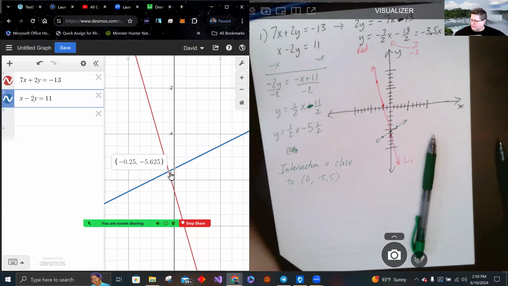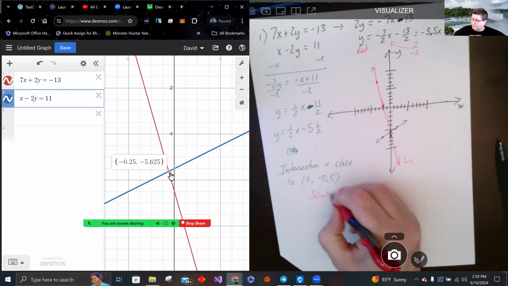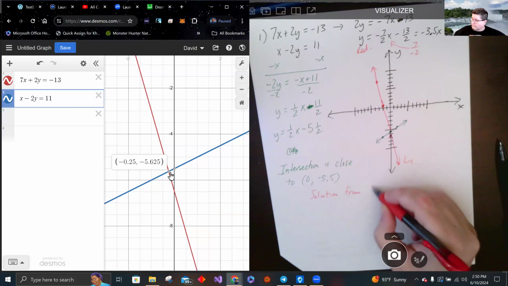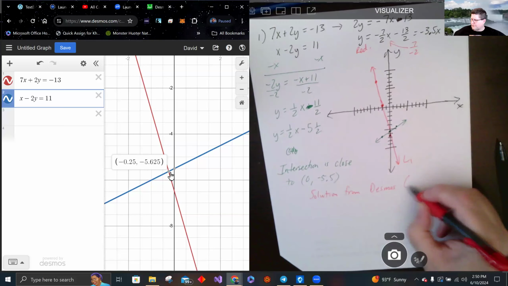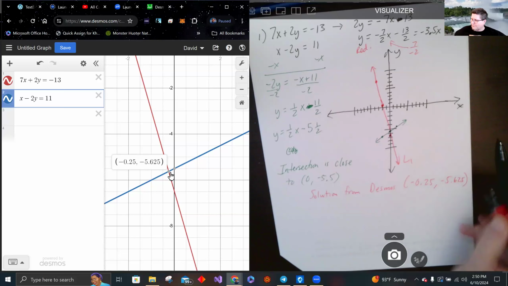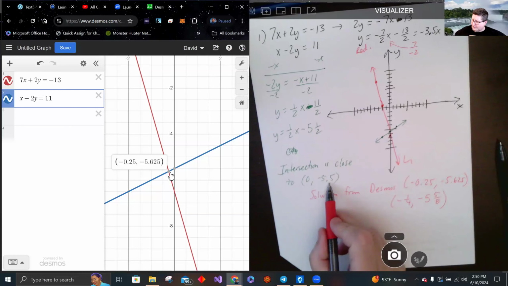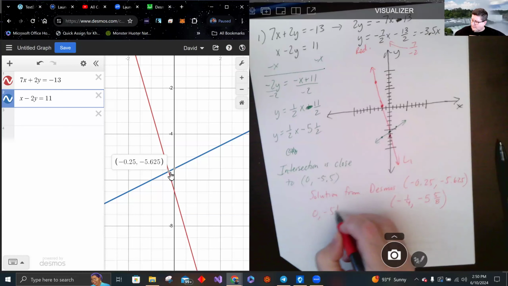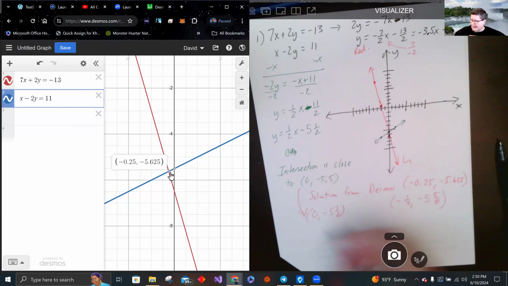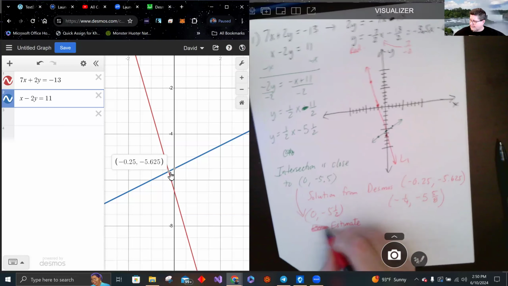So the actual solution from Desmos is negative 0.25, negative 5.625, which is negative 1/4 and negative 5 5/8. So a little to the left and a little down from 0, negative 5.5. So that's my error estimate. And this is the actual.